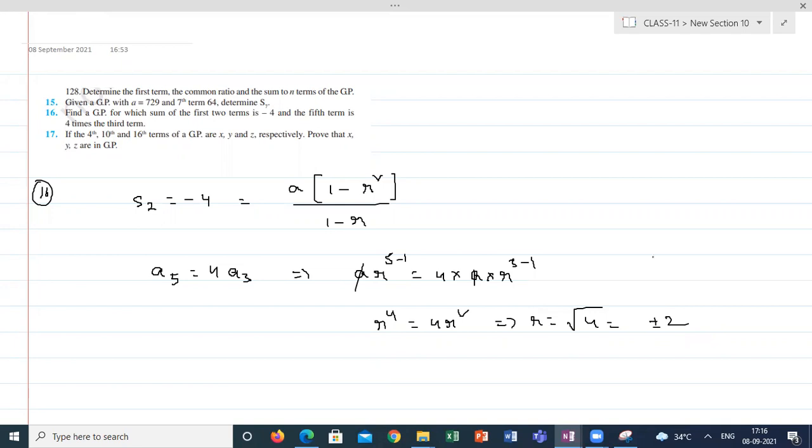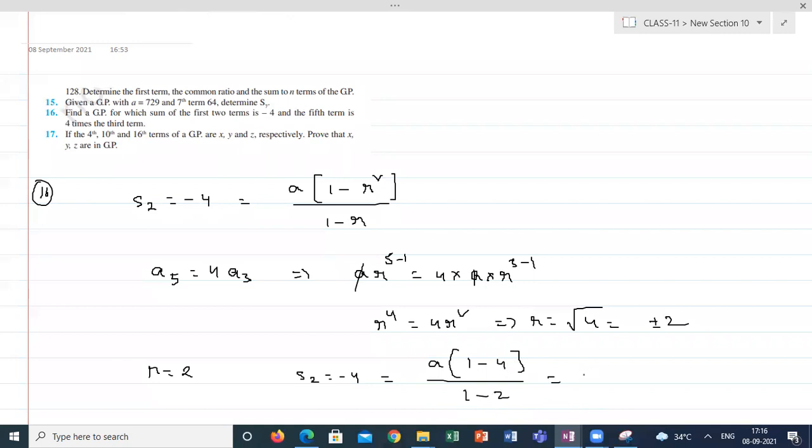My R value I got is plus or minus 2. If I substitute plus or minus, you might get two different values. Suppose I substitute R is equal to 2. So my S2 is equal to minus 4, which equals A into 1 minus 4 divided by 1 minus 2, because R square is 4.